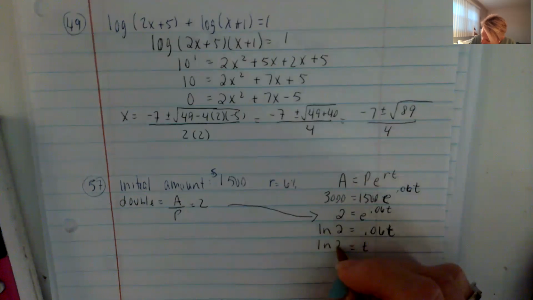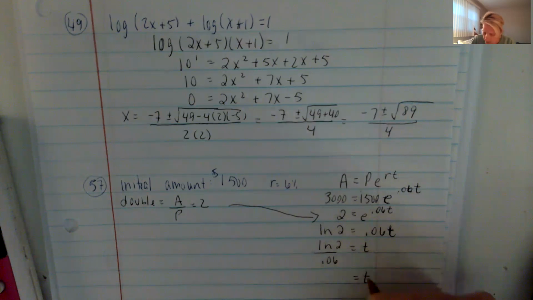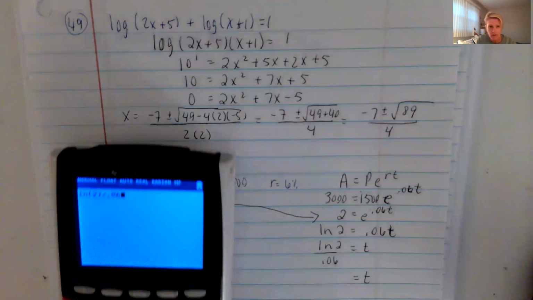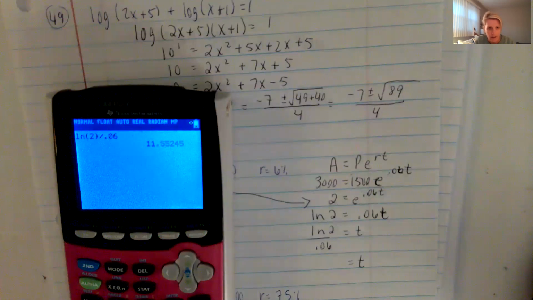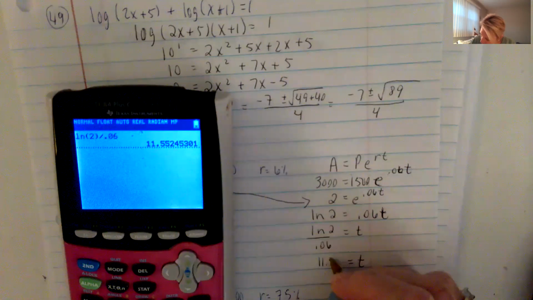So the natural log of 2 divided by 0.06 is about 12 years, 11.55 years.